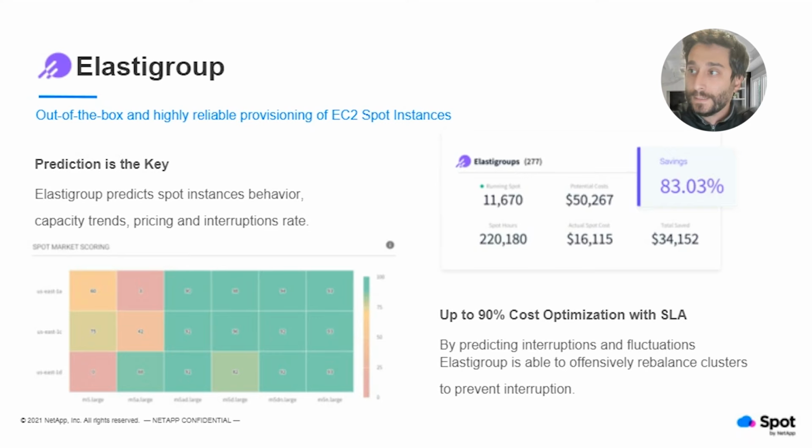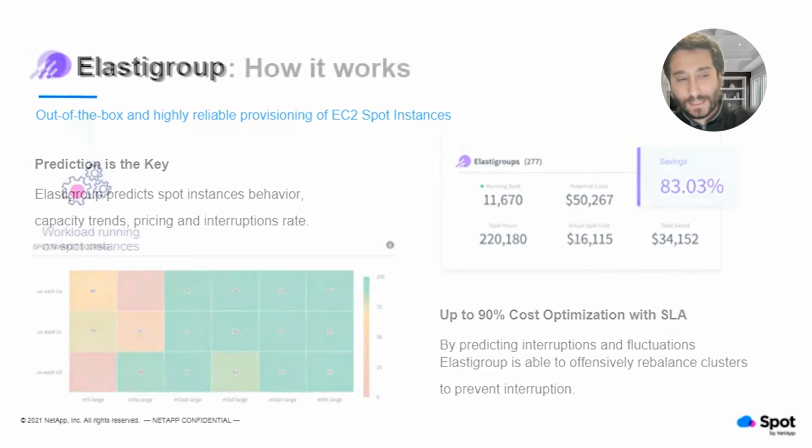And if it sees a drop in the market score, it will proactively rebalance the instance from one market to another to make sure that you're running on the best market that is available right now. So again, it is important to mention that Elastigroup continuously monitors the scores, and based on the scoring itself, decides what to do, whether to stay on the market or to rebalance from the market.